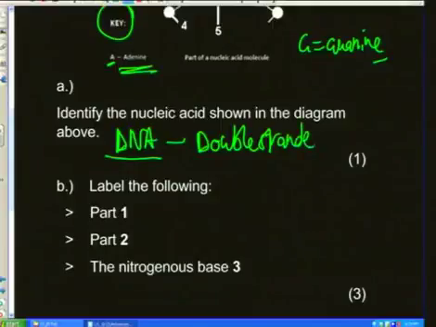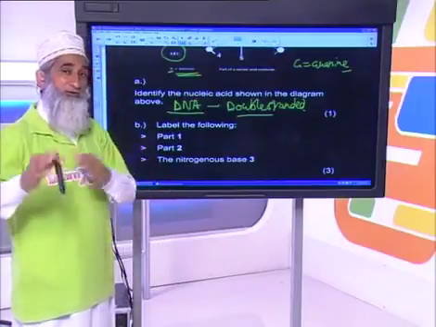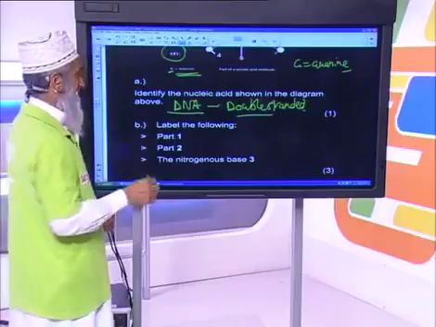This is not part of this answer, remember. I'm only giving this as an extension to this question. If they ask you, how do you say that this is DNA? And you've already done RNA, so you understand what I'm saying.